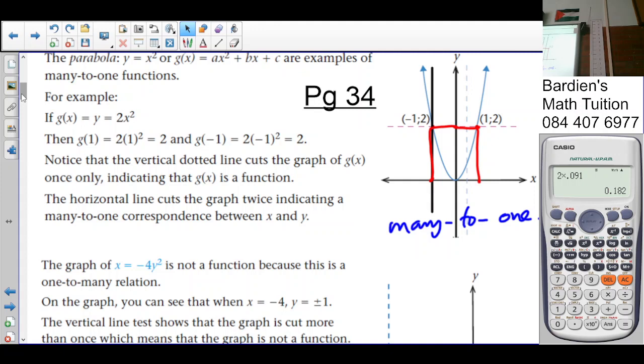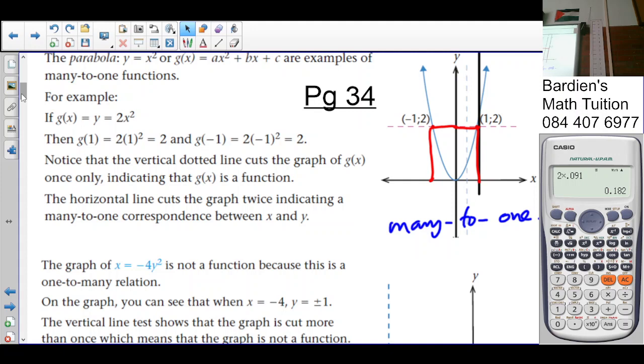This vertical line cuts the graph at any given point how many times? Once. If the vertical line cuts the graph once, then the graph is said to be a function.